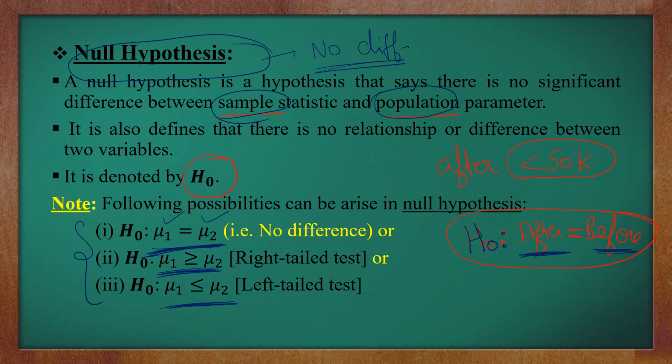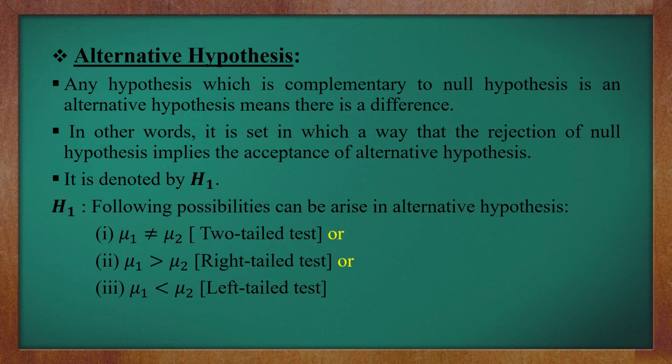Now, another one is the alternative hypothesis. From the name, it's very clear. Alternative means the opposite of the null hypothesis. We denote the alternative hypothesis by H1. And three cases will arise. Like in the previous example, you were saying that before and after the advertisement there is no difference in sales.